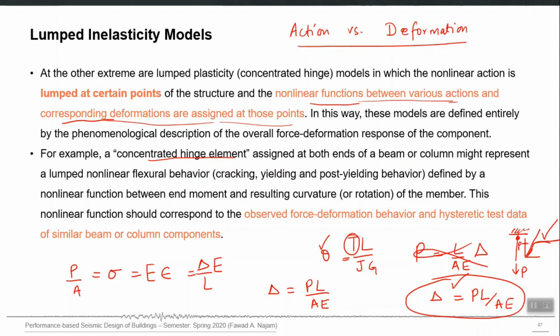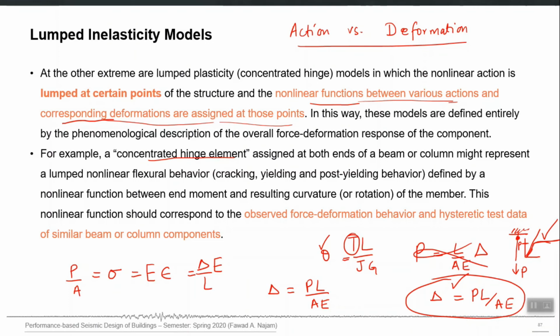The main issue in nonlinear modeling is to get the accurate nonlinear curve which your structure or component is expected to follow under the loading. If that is accurate, then your whole computer model will behave in a more accurate manner. Any error at this level will introduce a wrong nonlinear behavior in your computer model, right? So this is one important aspect which we will keep on addressing in the next sessions also.